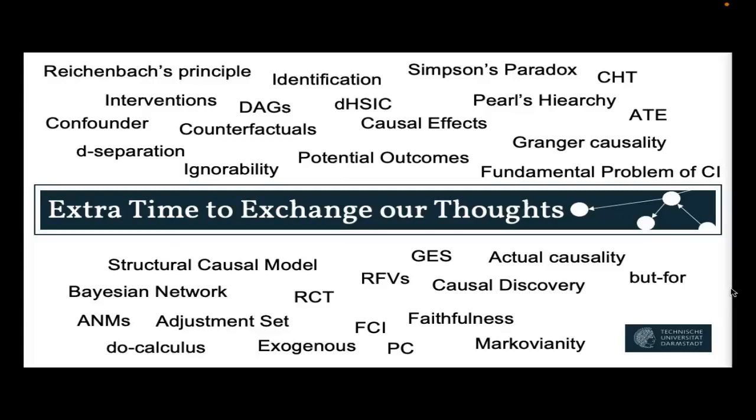Because in the Simpson's paradox, we argued that we can detect the causal effect if we do calculus. But I was also wondering, there was also the assumption that we know all the variables that we need for the data analysis.